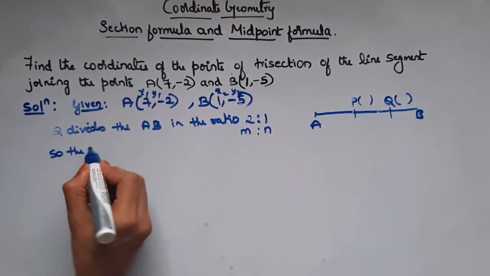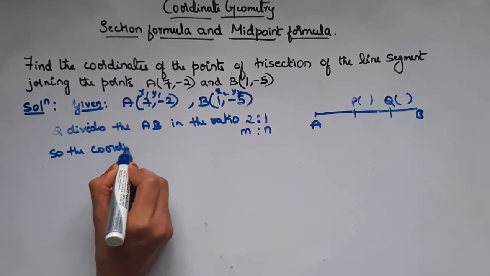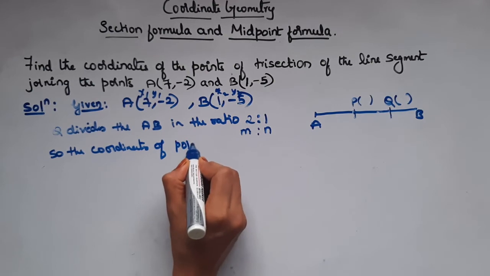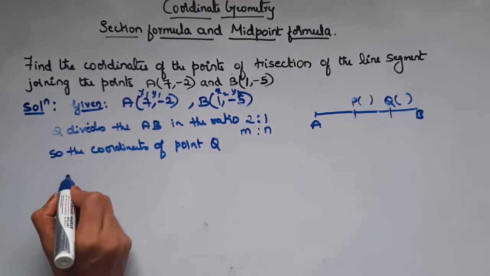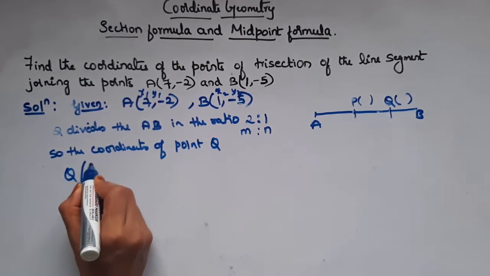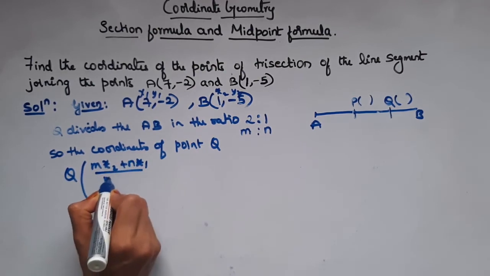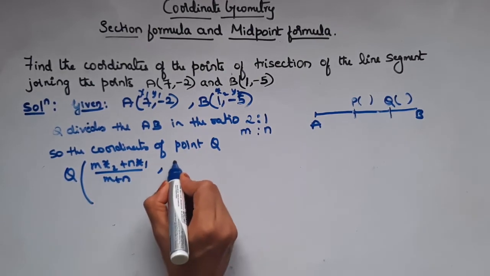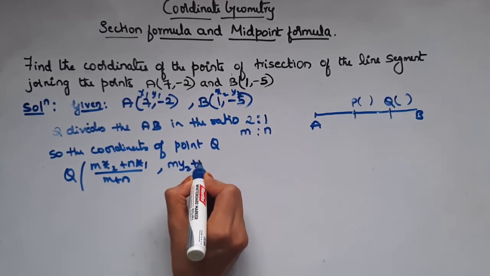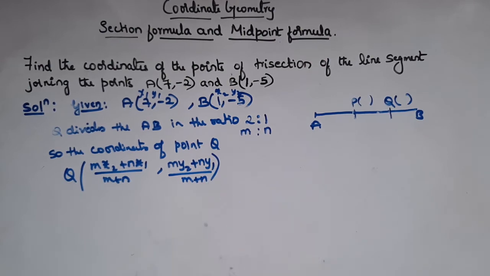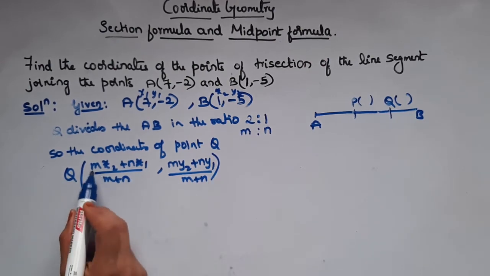So the coordinates of point Q is given by mx2 plus nx1 by m plus n, comma my2 plus ny1 by m plus n. Alright, so now let's substitute these values.